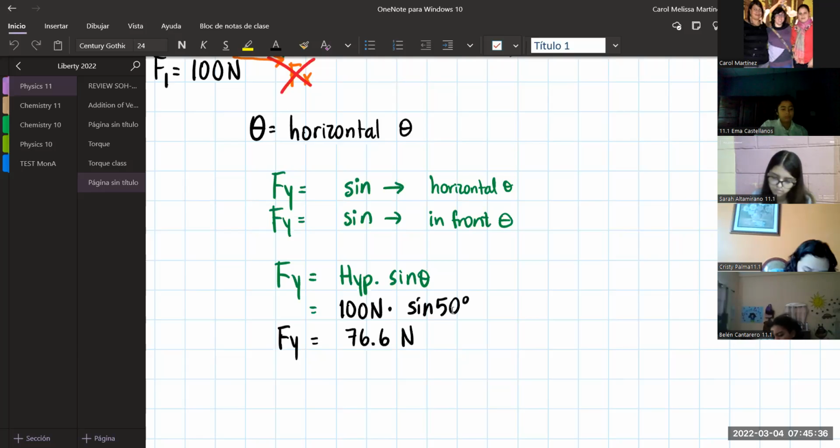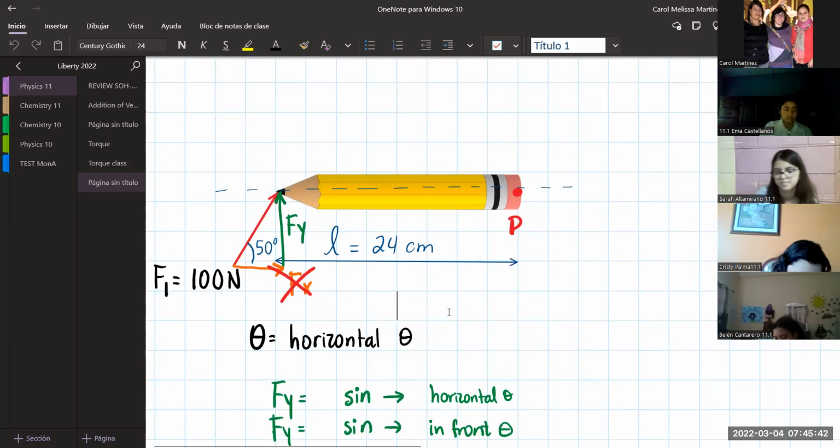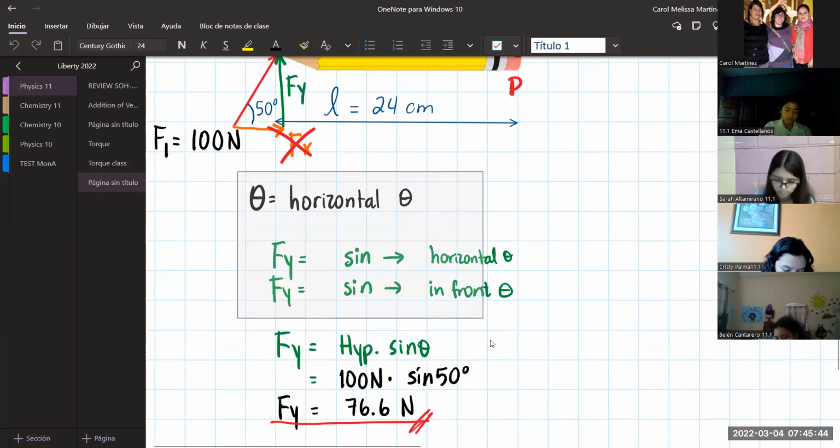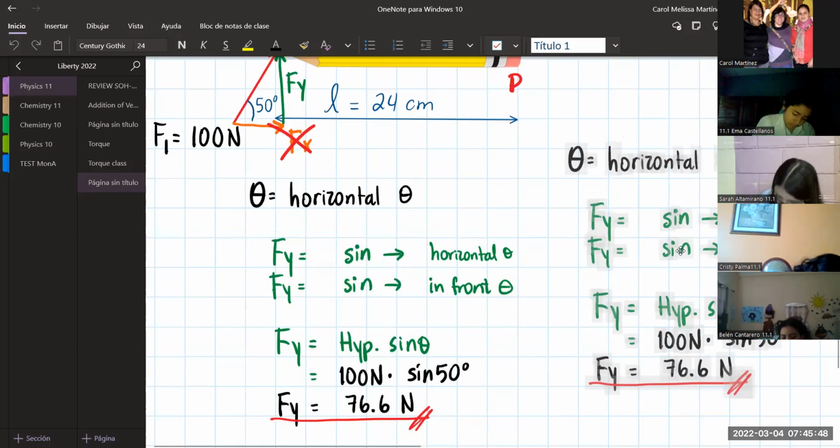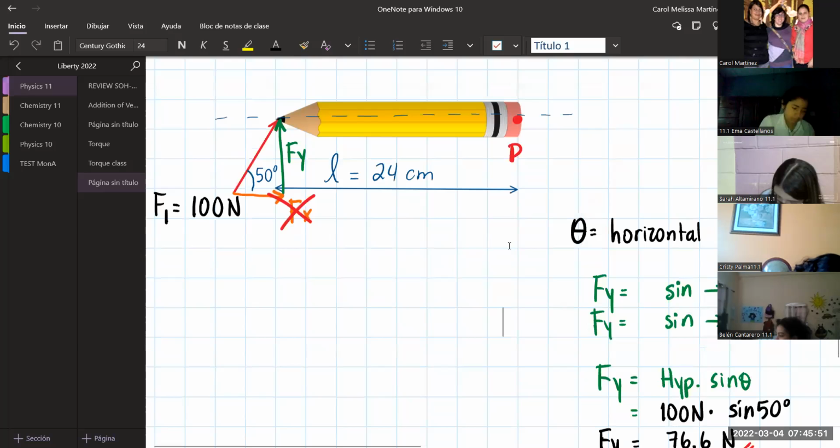Now, what do we do after we get the component? Free body diagram. We're going to make the free body diagram. I'm going to move this aside so I can make the free body diagram here. My free body diagram must be the same length as my object.